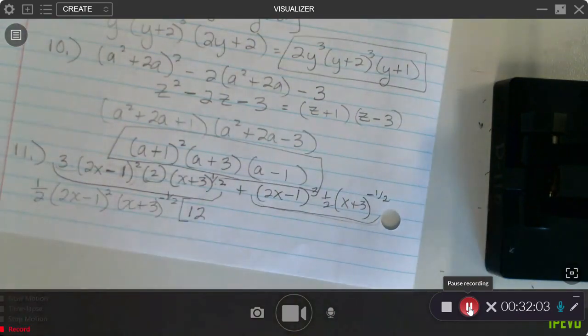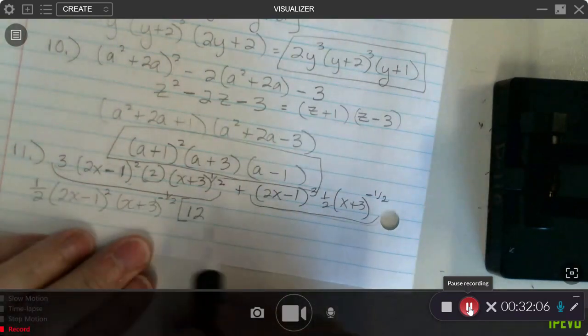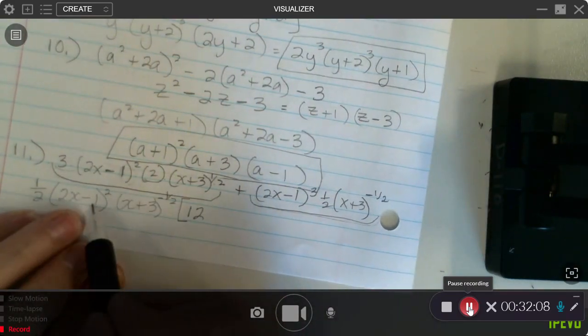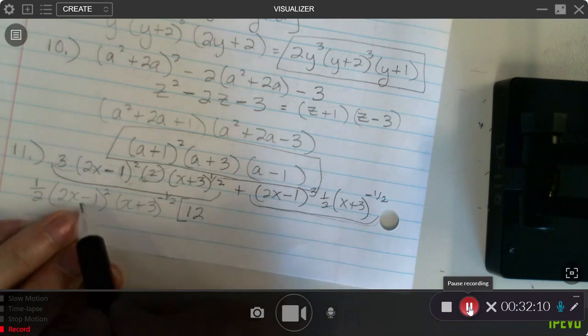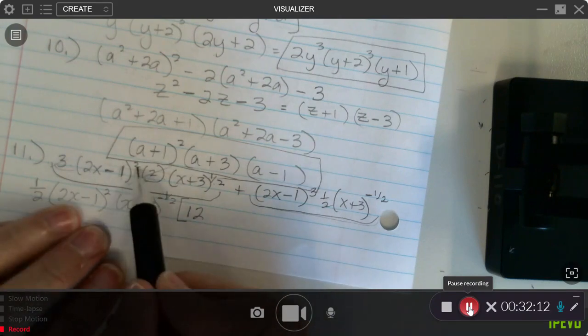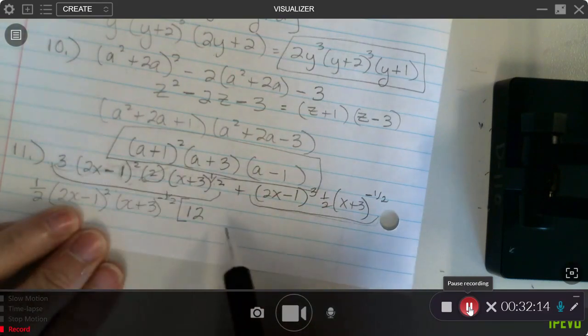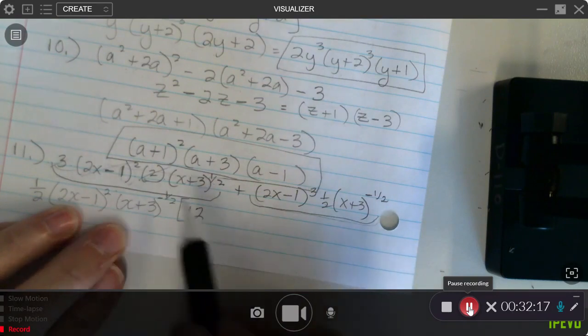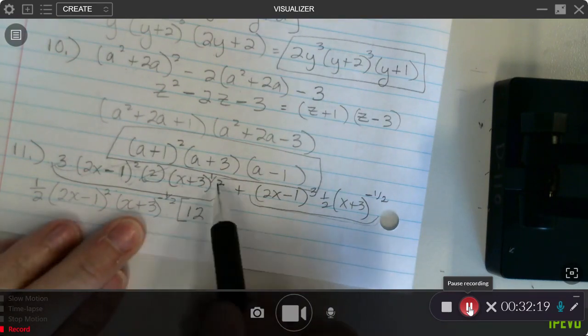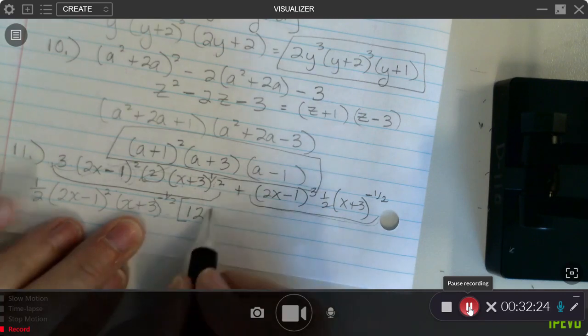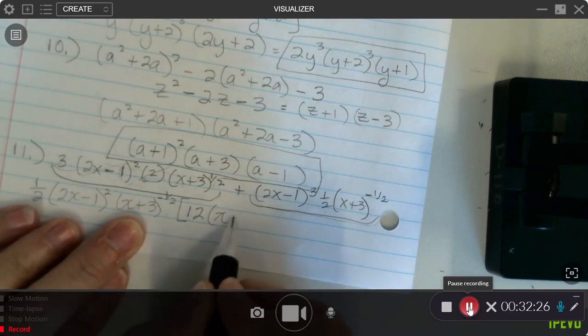It doesn't seem to be very helpful, but whatever. And so then we took care of the numbers. We factored out both of those. So there's only a single times 1 left, right? And then we factored out an x plus 3 to the negative 1/2 power. So how many x plus 3s are left?